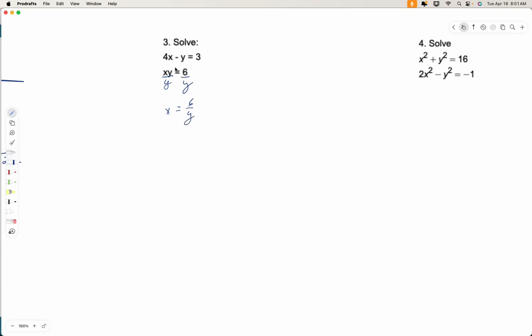That's what I'm going to sub in for x. So 4 times 6 over y minus y is equal to 3. 24 over y minus y is equal to 3. All right, so I need to multiply everything by y.